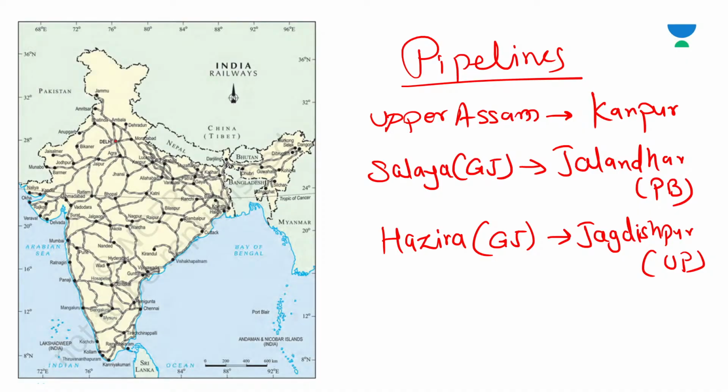It has branches to Kota in Rajasthan, Shahjahanpur, Babrala, and other places in Uttar Pradesh. So this is pipelines, the means of transport on land.